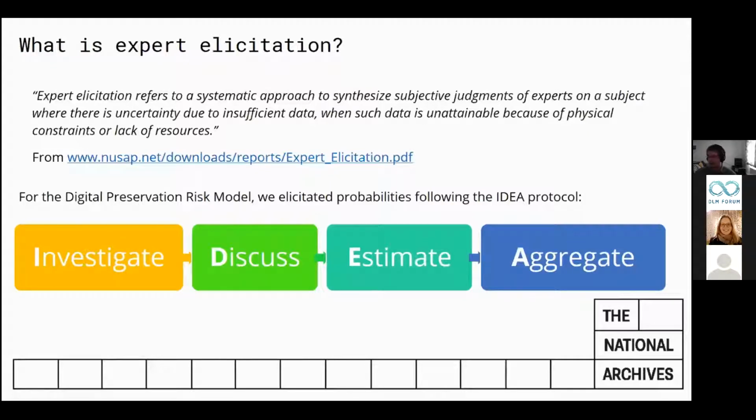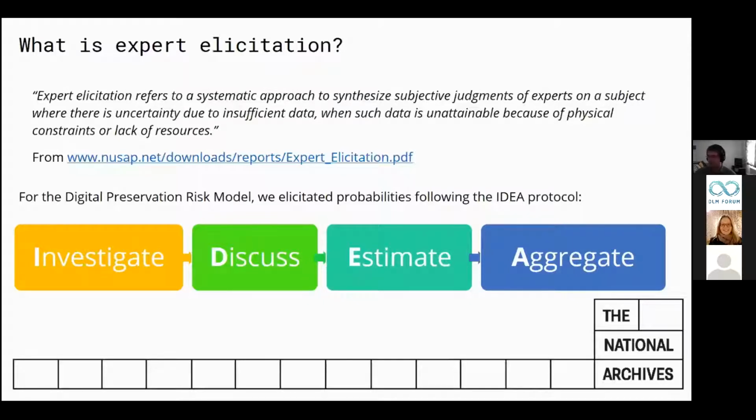We followed the IDEA protocol, an acronym which stands for Investigate, Discuss, Estimate and Aggregate, which is designed to reduce bias, anchoring and groupthink. For our 2-day virtual workshop held in April, we had 22 experts from 10 different UK organisations to ensure we had participants from a wide range of digital archiving and preservation backgrounds and experiences.